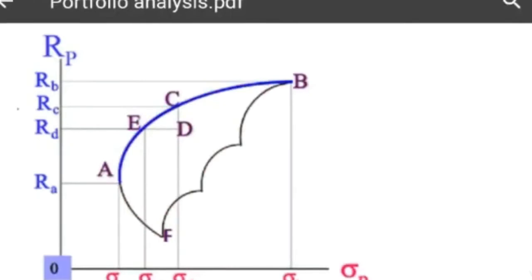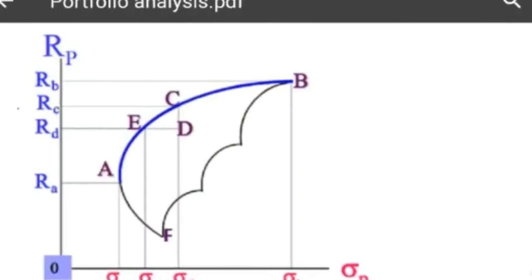The graph shows the feasible set as well as the efficient set. So here in the portfolio set we have the efficient portfolios and also the inefficient portfolios. The expected return has been plotted on the y-axis and the standard deviation on the x-axis.